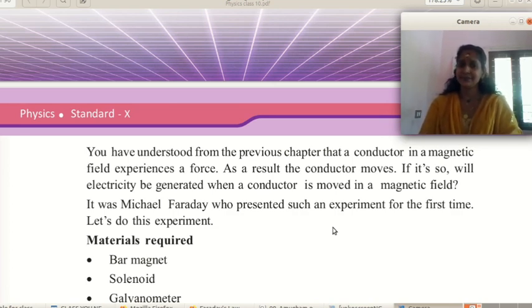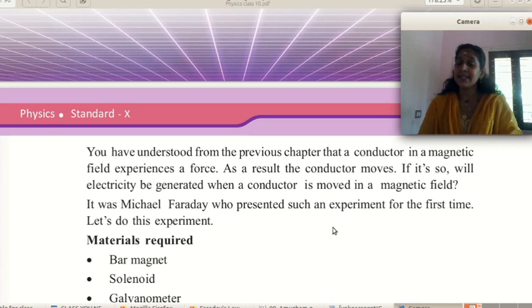Likewise, can we get current by using this magnetic field? It was Michael Faraday.